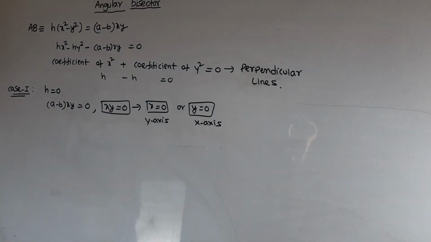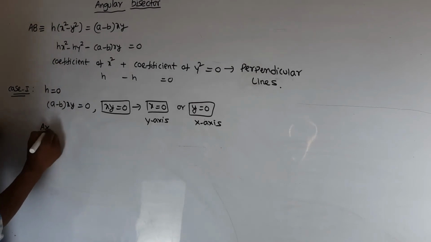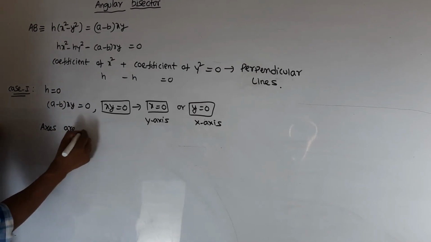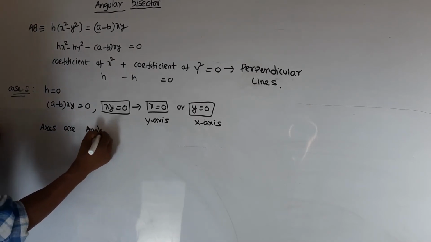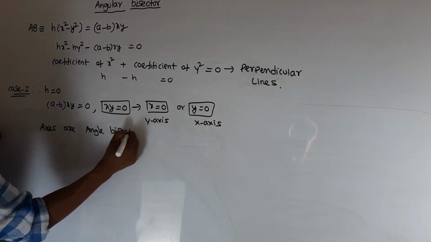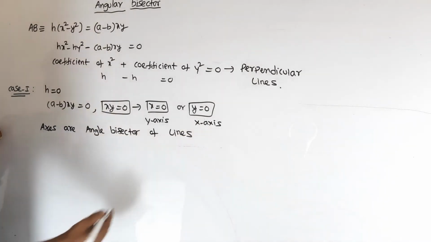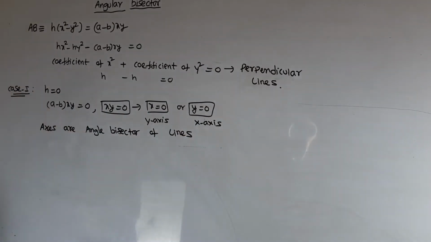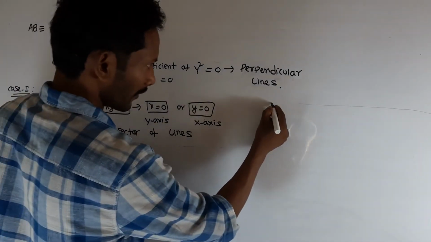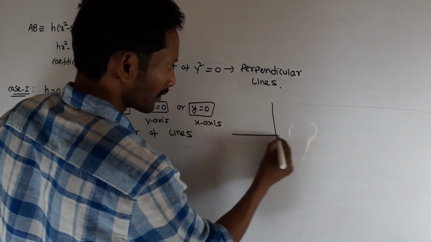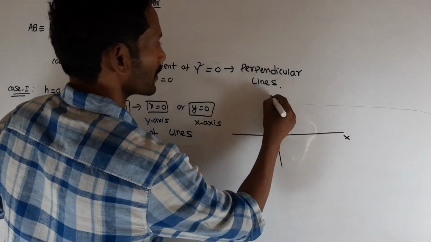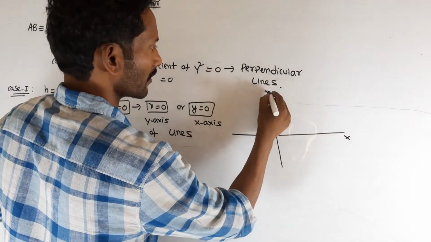Axes are angle bisectors of lines. Here y axis and x axis are angle bisectors of lines. X axis, this one is the y axis.